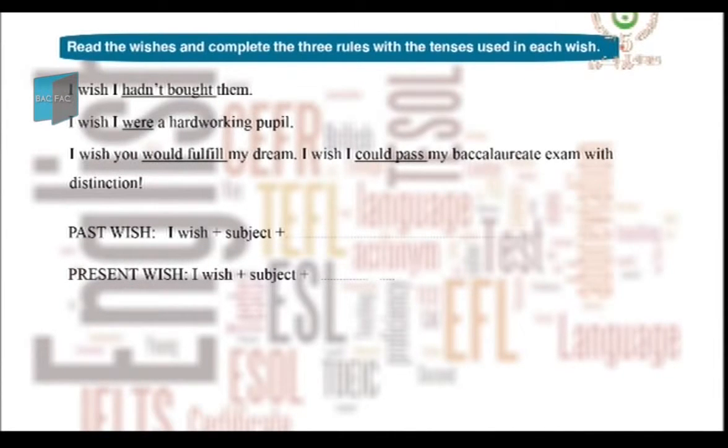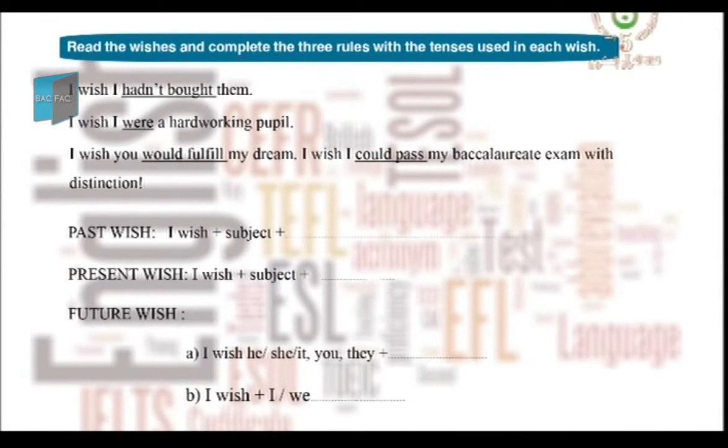It starts with I wish, then the subject and the blanks that you have to fill with the right tense. Notice now that for the future wish, we have 2 possibilities. The first one starts with I wish, then the first person singular and plural, I and we, then complete the sentence. And B, I wish, with the other pronouns he, she, it, you, and they, and you complete with the rest, with the tense of the verb.